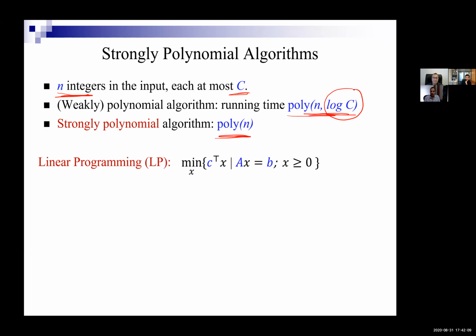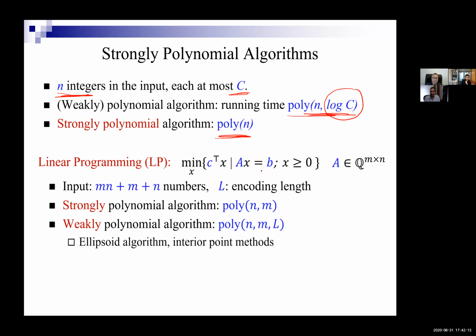As an example, let's consider the linear programming problem. Let's say A has m constraints, m by n, and n variables. So the total number of numbers in the input is mn plus m plus n, right? B is m numbers, C is n numbers, and A is mn numbers. So this is the input. And let's say L is the encoding length of all the numbers. In a strongly polynomial algorithm, we want the algorithm to run in time polynomial in n and m.